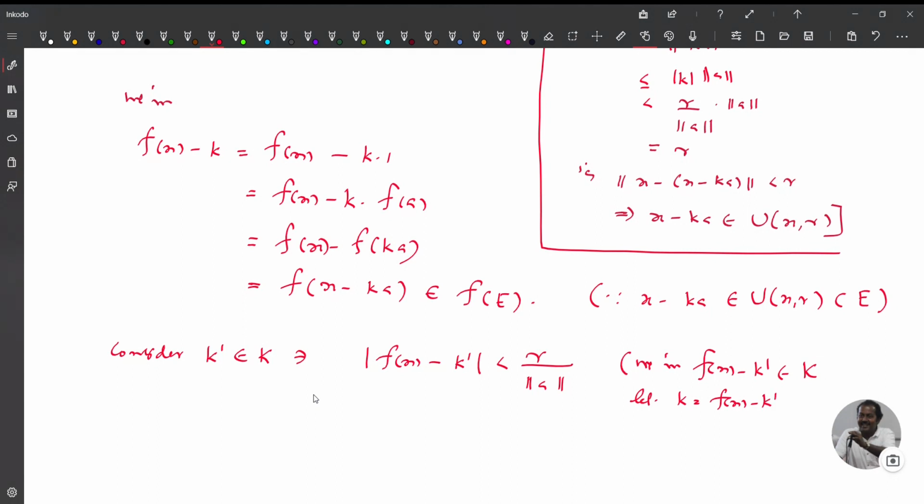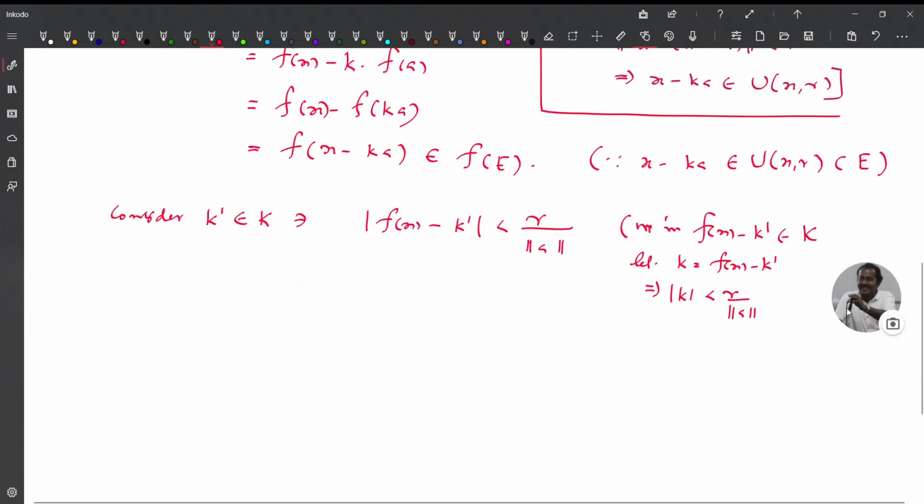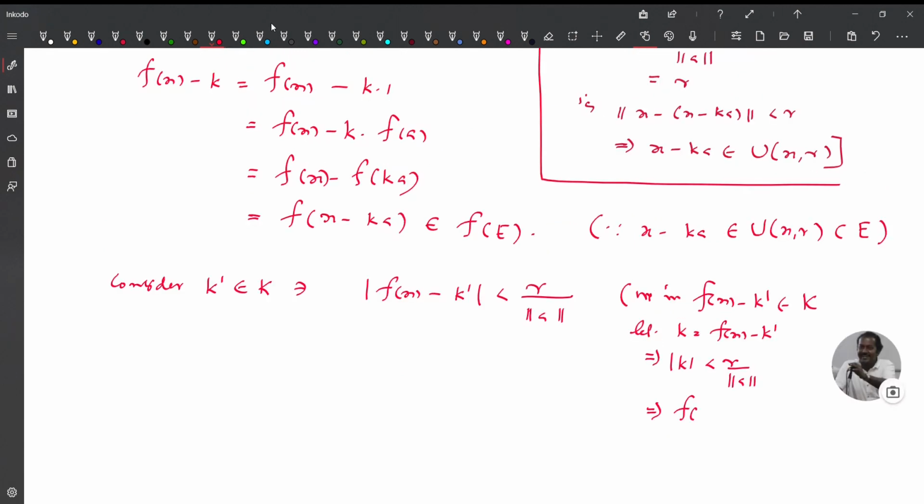Then this k satisfies, so this implies modulus of k is less than r by norm a. So this implies f(x) minus k belongs to f(E). So here k is f(x) minus k dash.